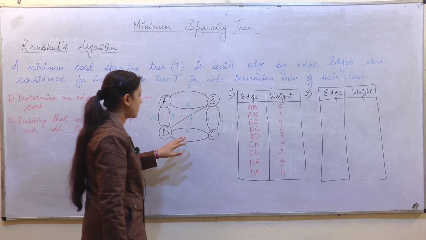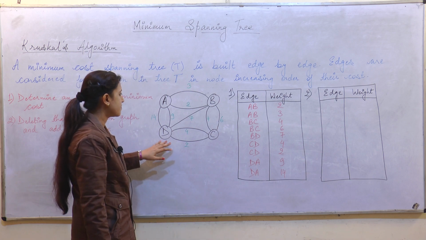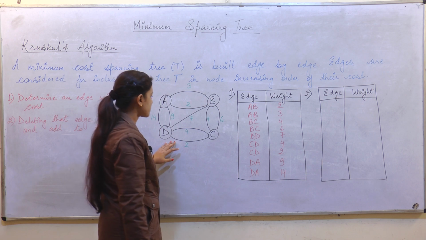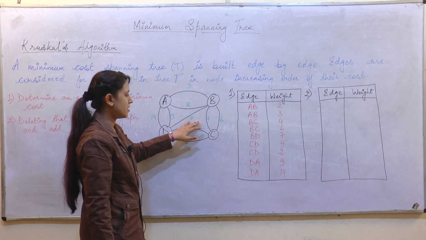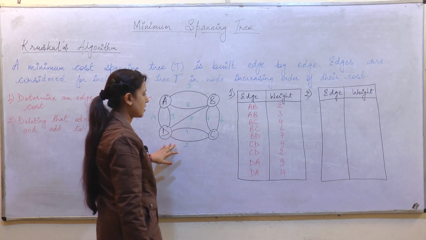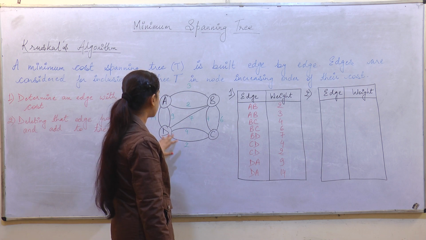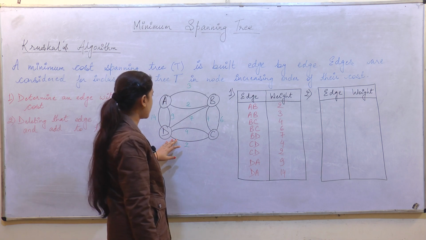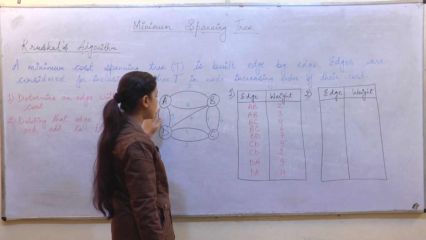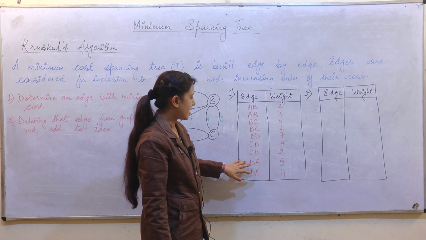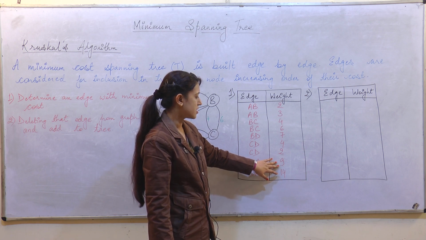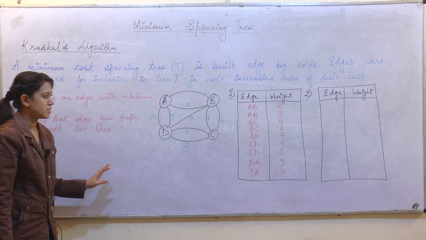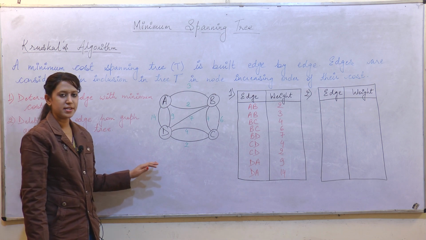For edge BD, the cost is 7, and for CD the edge costs are 2 and 4 again. The last edges going from A to D, that is DA, have costs 9 and 14 respectively. Now this was our first step of solving the spanning tree.